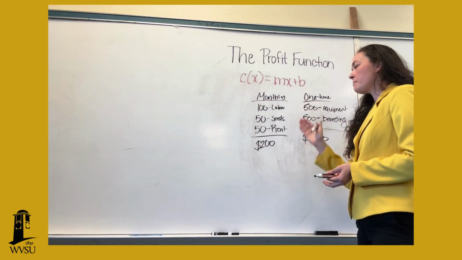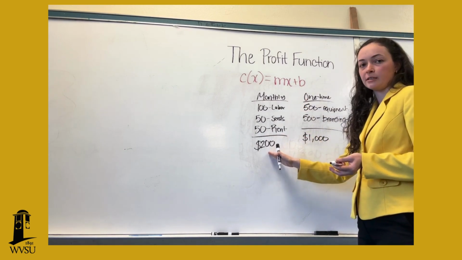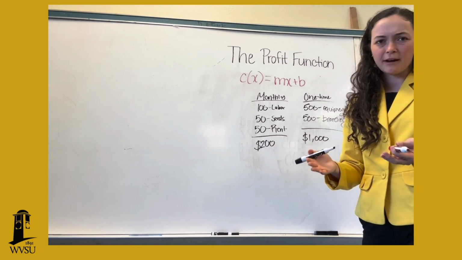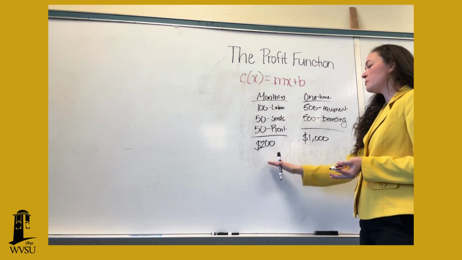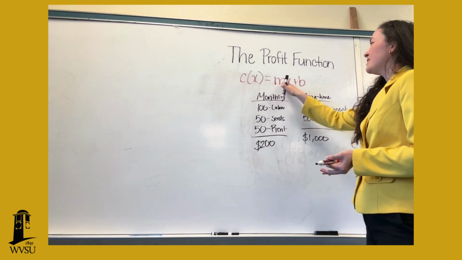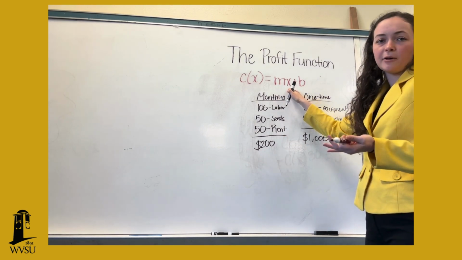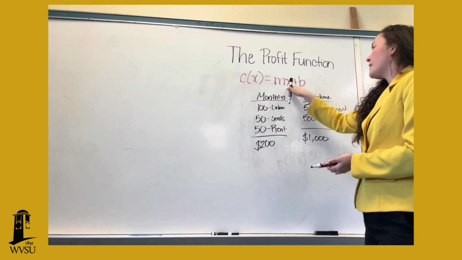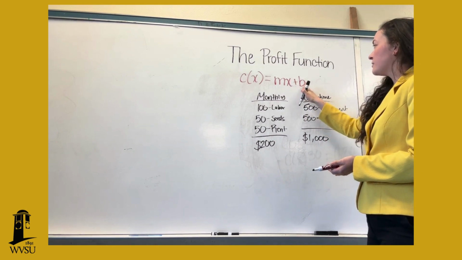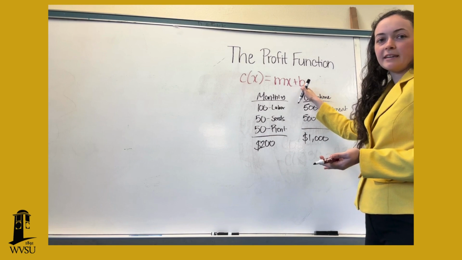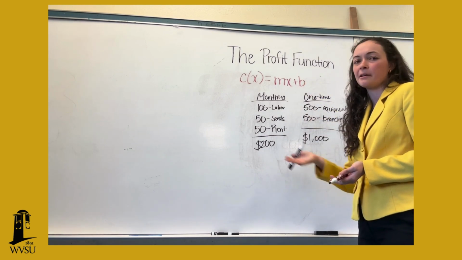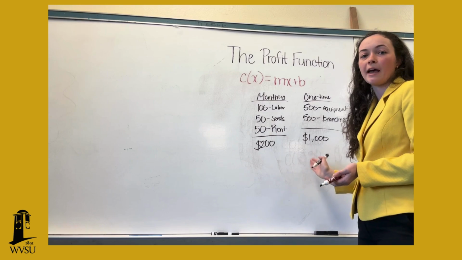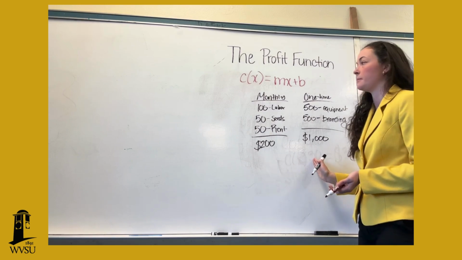We know that every month we're spending this $200, but we haven't specified the amount of months that have passed yet. So what we can do is just do the 200 times X, an unknown number of months, and then we can add our 1,000 for our B, our one-time fees. The 1,000 does not need to be multiplied by the X because that's not going to be happening every month. It's only happening this one time when we first start the business.